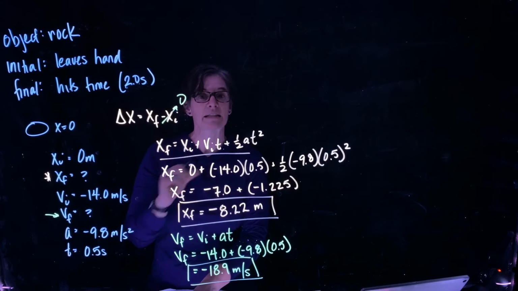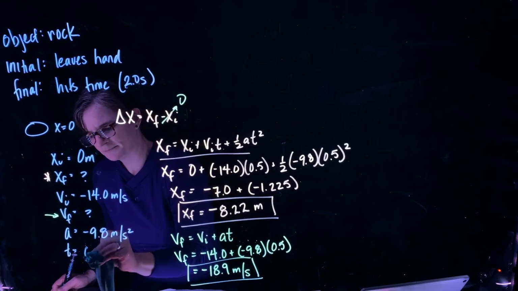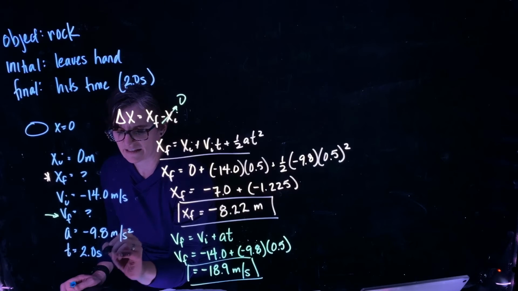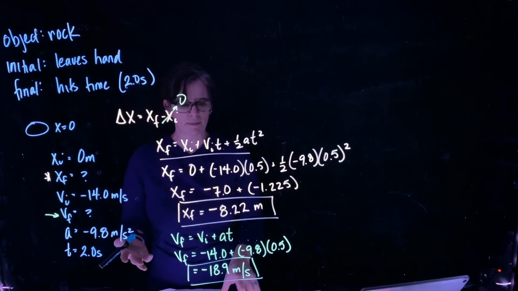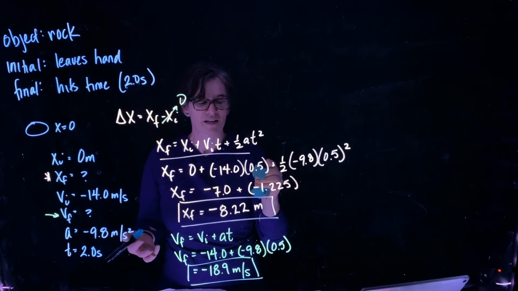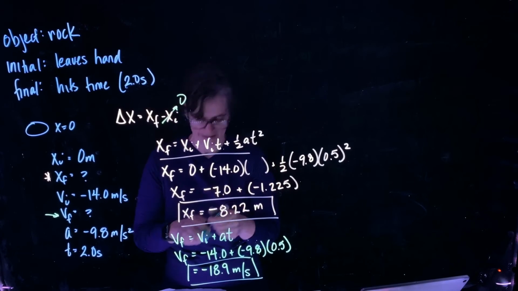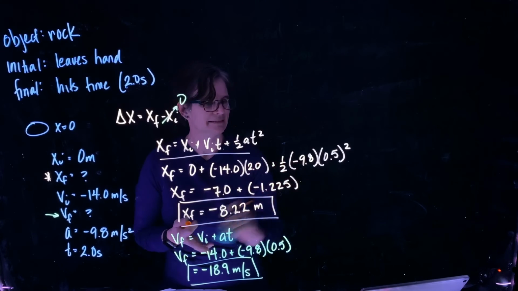Still in free fall because it left my hand, and now our time, instead of being a half a second, is 2.0 seconds. So nothing really about the problem changes except what we use for time. Instead of a half a second everywhere, I have 2.0 seconds.